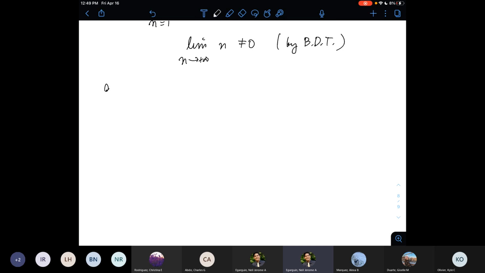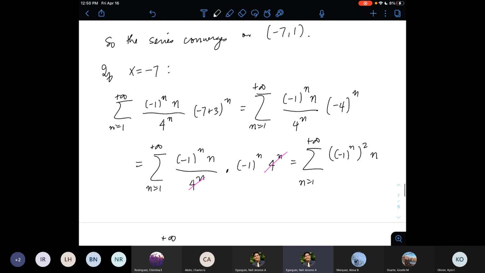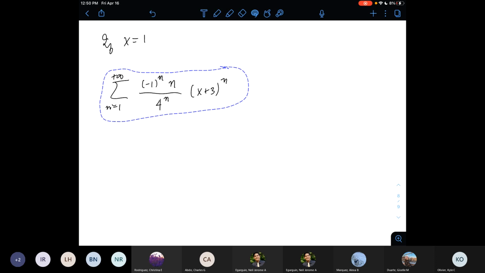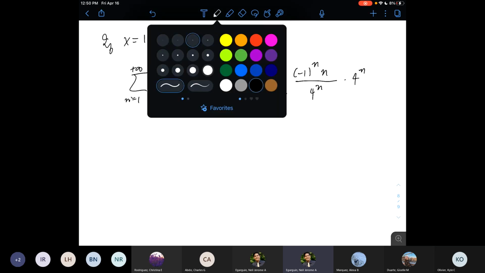So if x is equal to 1, we'll get our series. Okay, replace the x by 1. Then this will simplify to -1 to the power n over 4 to the n times 4 to the power n, going from 1 to infinity.